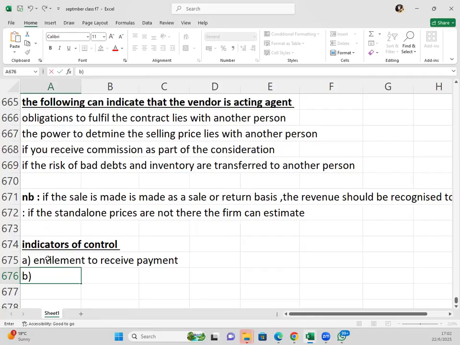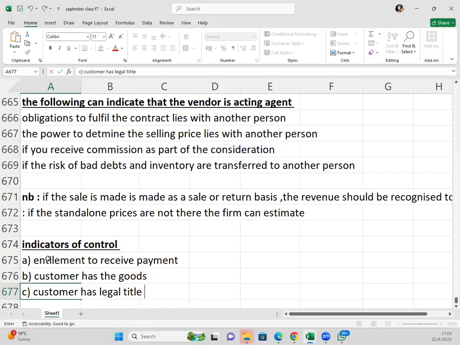Number two, we can have a case where the customer has the goods. So control is passed when the customer is now in possession of the car. Maybe they've said, I'll come and collect it, but now they've been given the car keys. The customer has legal title.